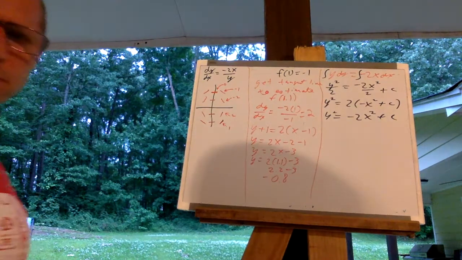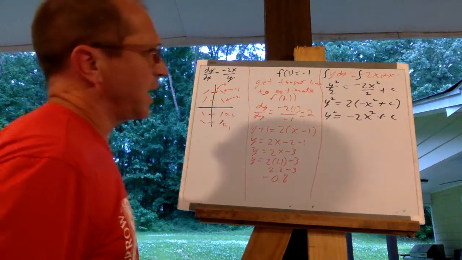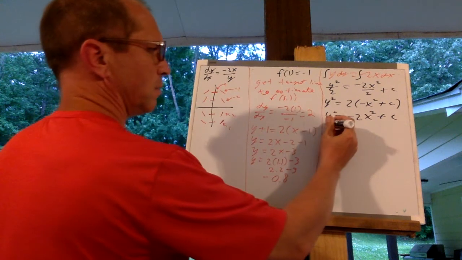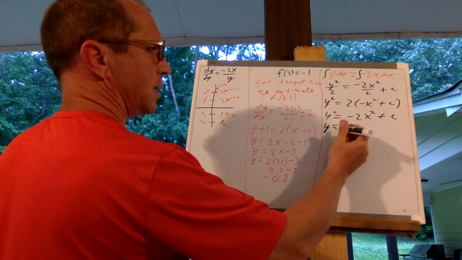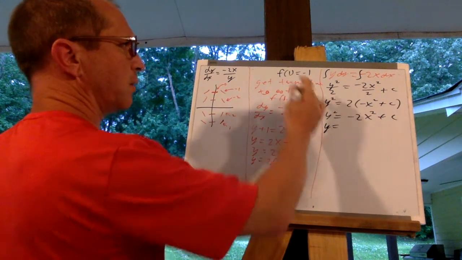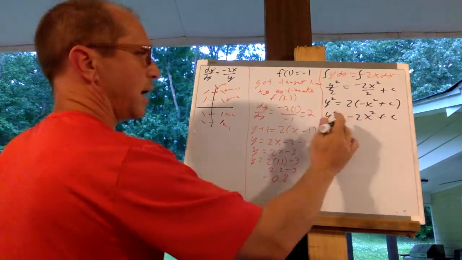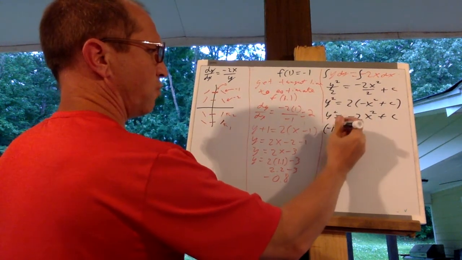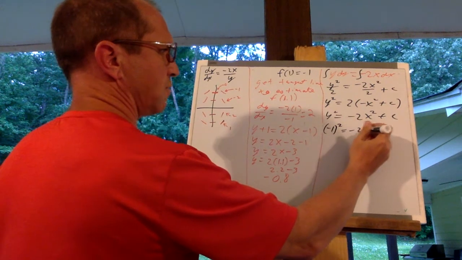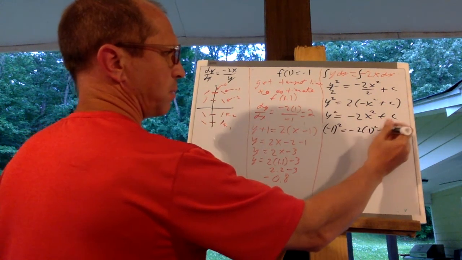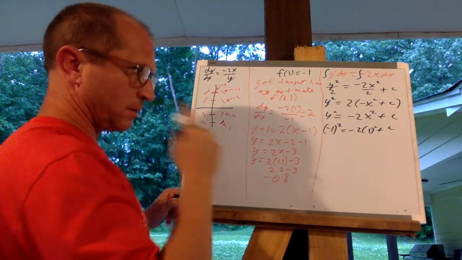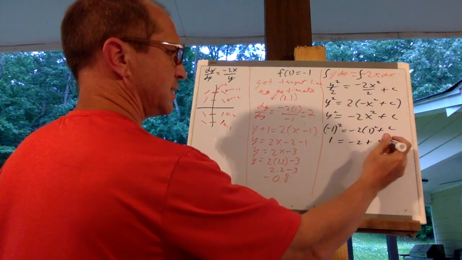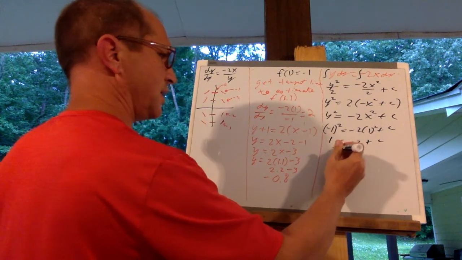So from here, at this point right here, we can plug in 1 for x and negative 1 for y. So we get negative 1 squared equals negative 2 times 1 squared plus c. So this is 1 equals negative 2 plus c. So c is equal to 3.